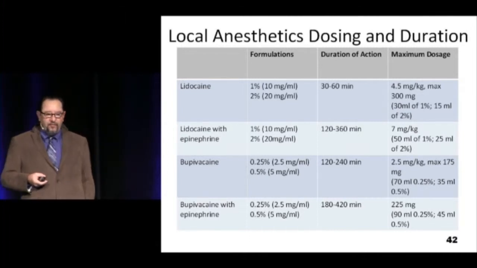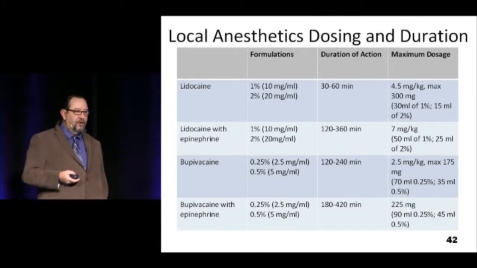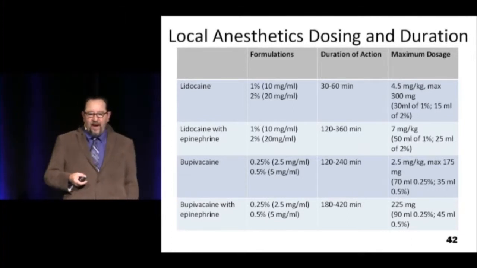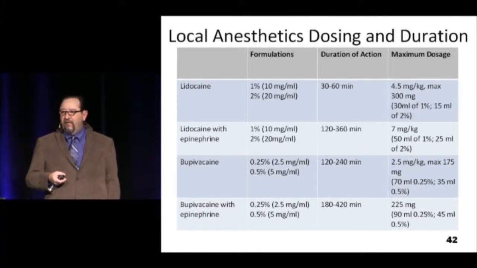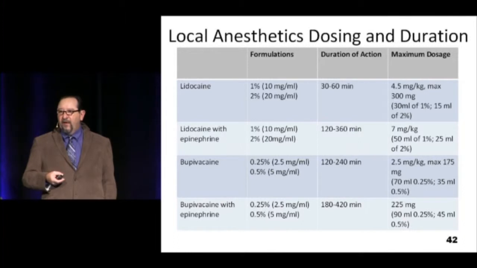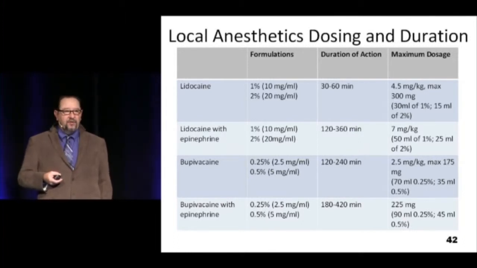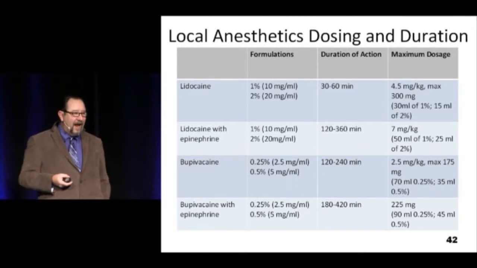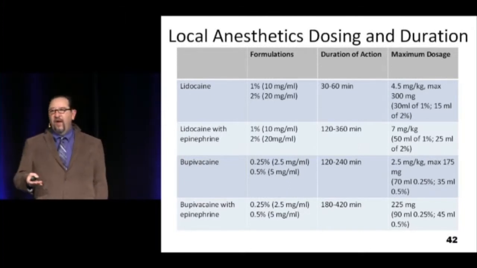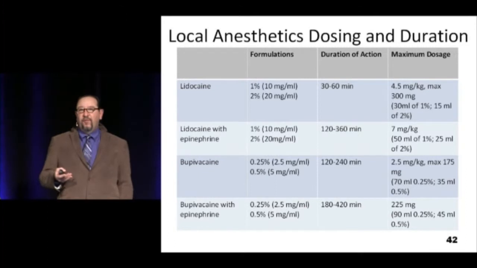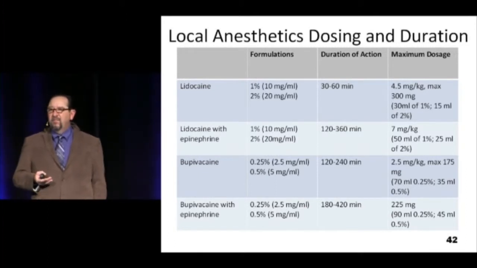So the maximum dosage column is what I want to draw your attention to, and you'd be surprised how easy it is to go over it if you're numbing up several things, or numbing up a large laceration, or numbing up a big bunch of road rash to try and clean it out. It's easy to go over the max, and I'll just tell you, when you go over the max of lidocaine, it's not good.